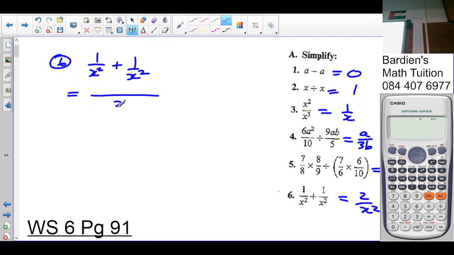So it can be written as x squared. So x squared times what is going to give us x squared? Times 1. But times that also by 1. So 1 times 1 is 1. X squared times what is x squared? 1. It's also times 1, so it's 1. 1 plus 1 is 2 over x squared. You understand?